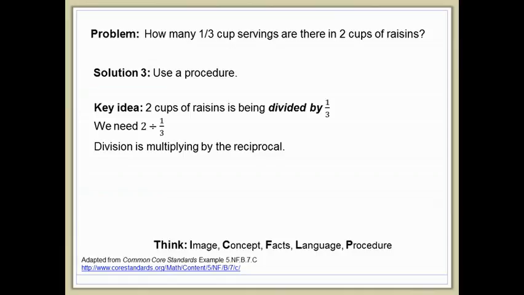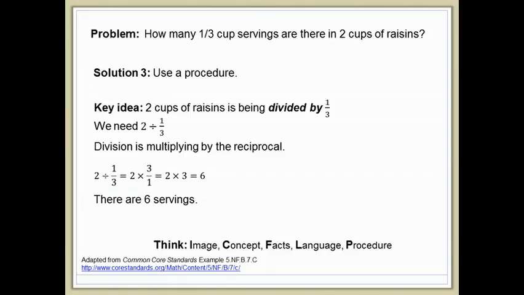In any case, in this particular case, we're dividing by 1/3, which is multiplying by the reciprocal 3/1. And because, again, it's a unit fraction, 3/1 becomes a whole number, and we simply have 2 times 3, or 6, and we have 6 servings.